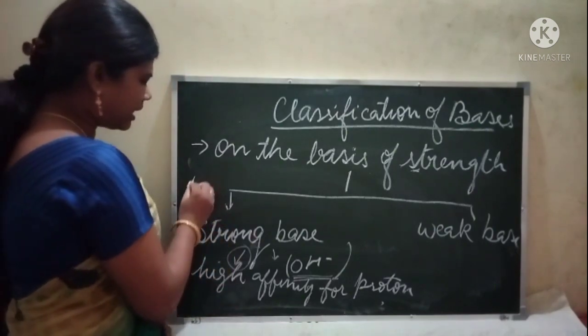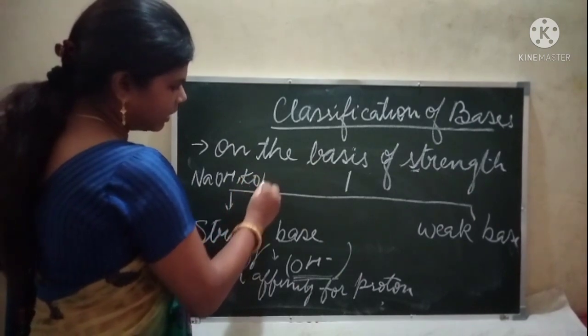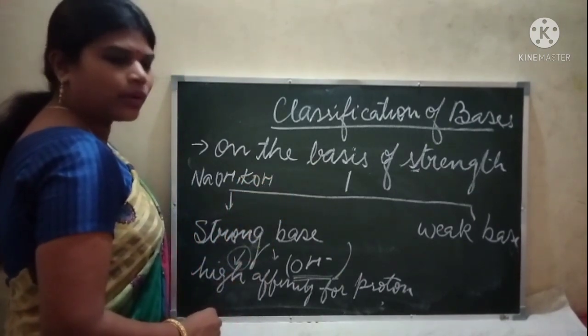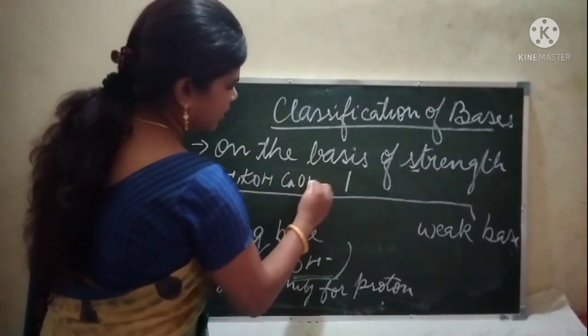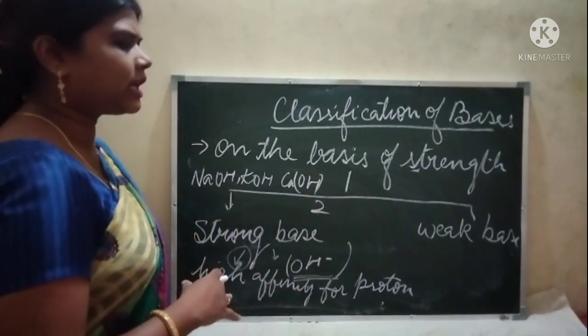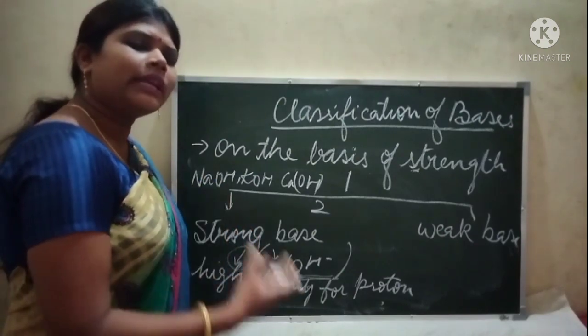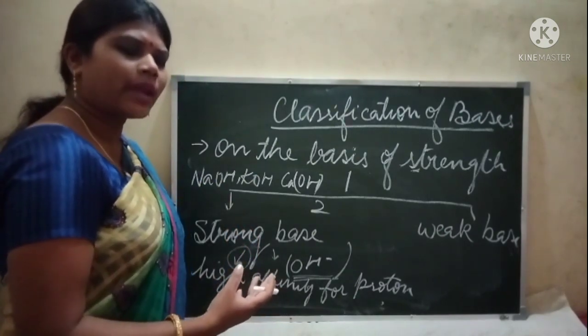Example you can take NaOH, KOH or calcium hydroxide. So these are the strong bases which have high affinity for proton or completely ionize to give OH minus ion.